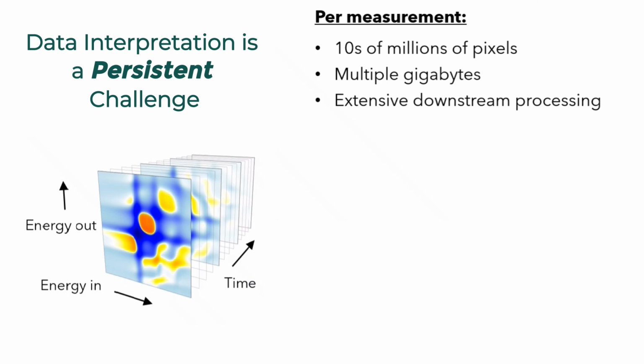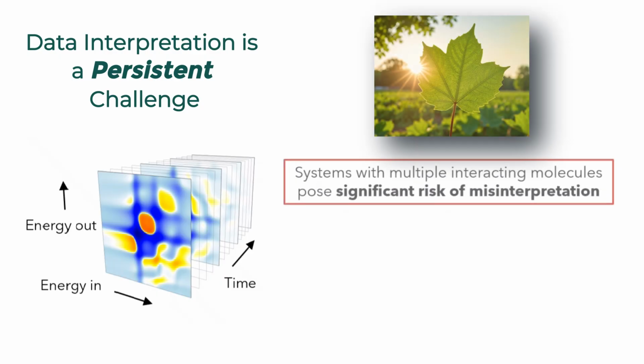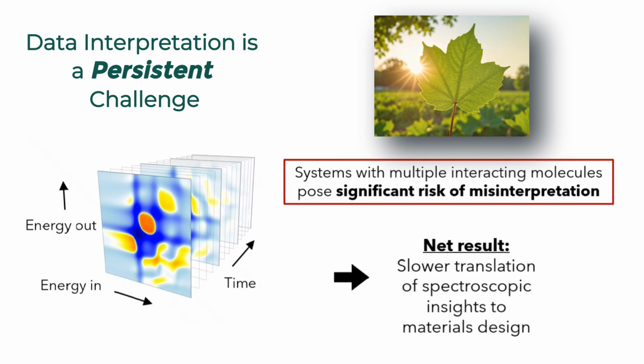With so much information contained in these data, there's a significant risk of misinterpreting what they're telling us about the underlying chemistry. Thus, despite the many impressive advancements in spectroscopies over the past several decades, problems with interpreting the data ultimately slow our ability to take what we learn from these advanced experiments and apply the insights to the design of materials and new technologies.